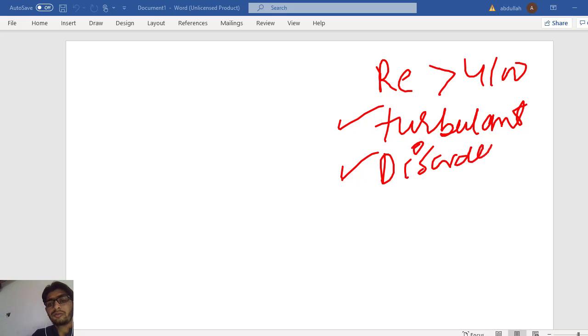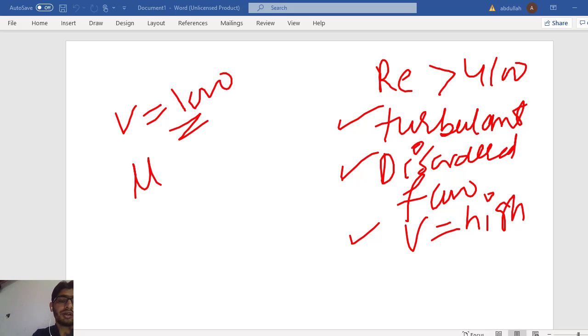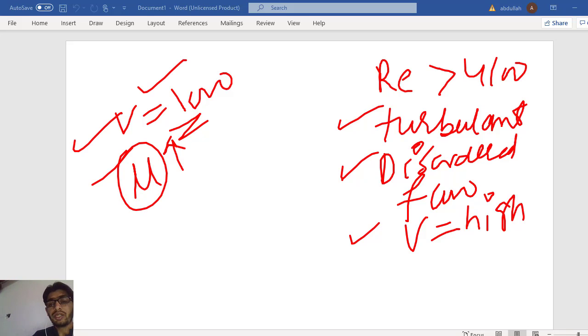The velocity of the fluid is very high. Remember, in laminar flow, the velocity of the fluid is very low, and viscosity is very high. So for laminar flow, viscosity is very high and velocity is very low. For turbulent flow, velocity is very high and viscosity is very small.